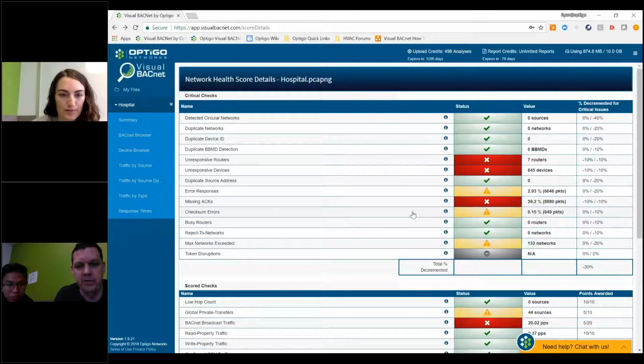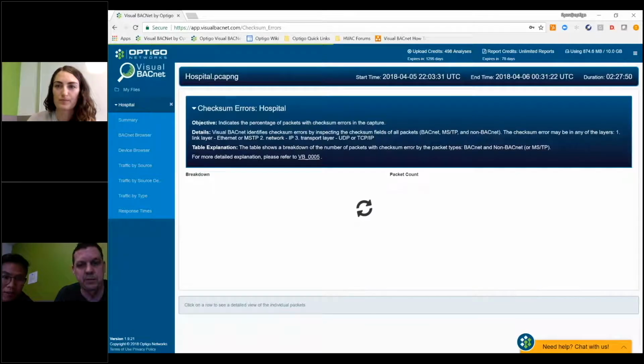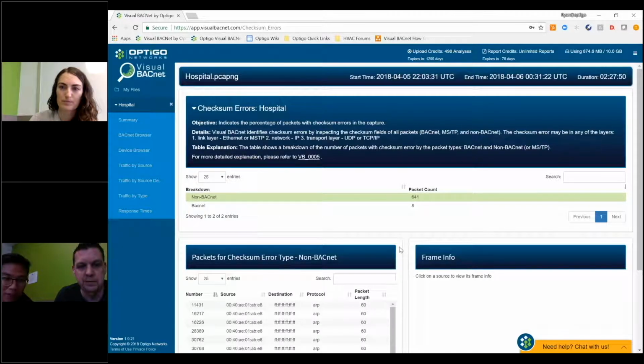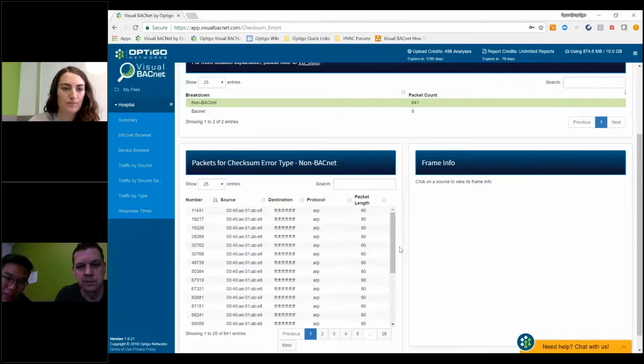There's a couple of problems in the checksum error. Checksum is normally either something busy or a hardware fault. There's not too much here. It's a bit in the non-BACnet though, just some standard ARP requests to TCP. It could be a sign of a switch failing potentially.